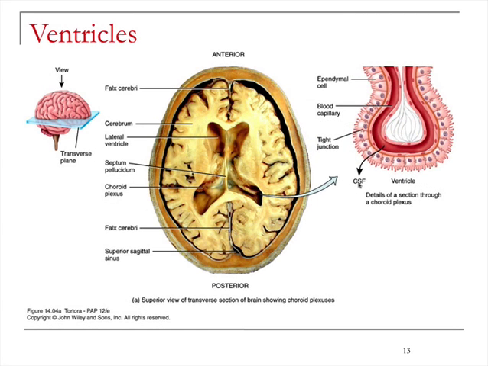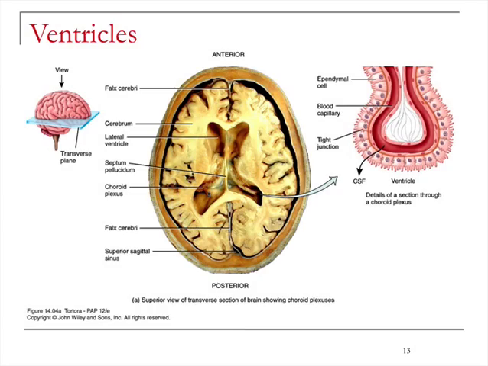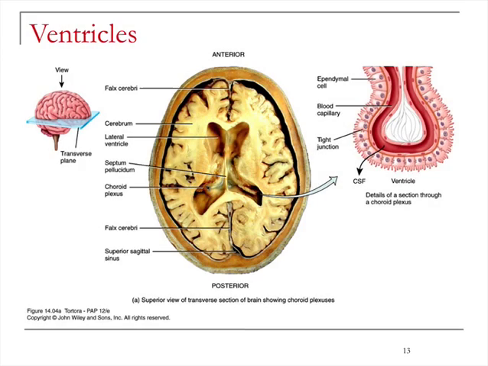The ependymal cells prevent certain substances from leaving the plasma and becoming part of the cerebrospinal fluid. So in this way, this protects the brain and the spinal cord from potentially harmful substances. In this diagram, we can also see the two lateral ventricles of the brain, and we can see a choroid plexus here within this lateral ventricle.